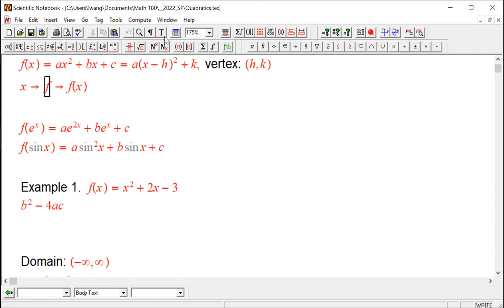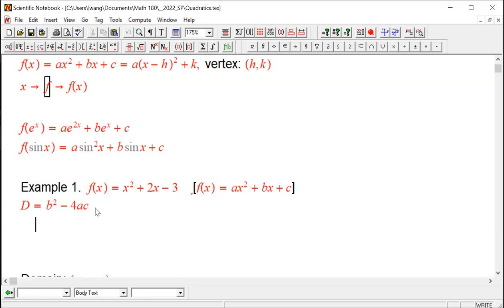Okay, b squared minus 4ac, and this is called the discriminant. So how do we get those values? We just talked about f of x. This is the general form. In this general form, we can identify that a is 1, b is 2, c is -3.